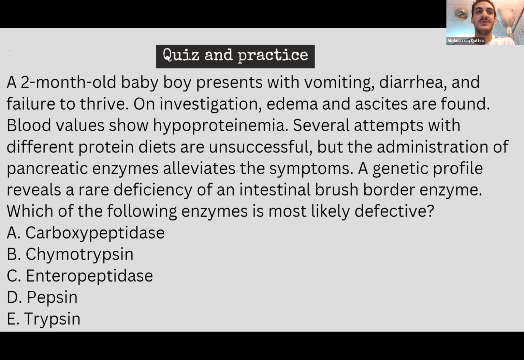Final question for this session. We have 1A question mark.